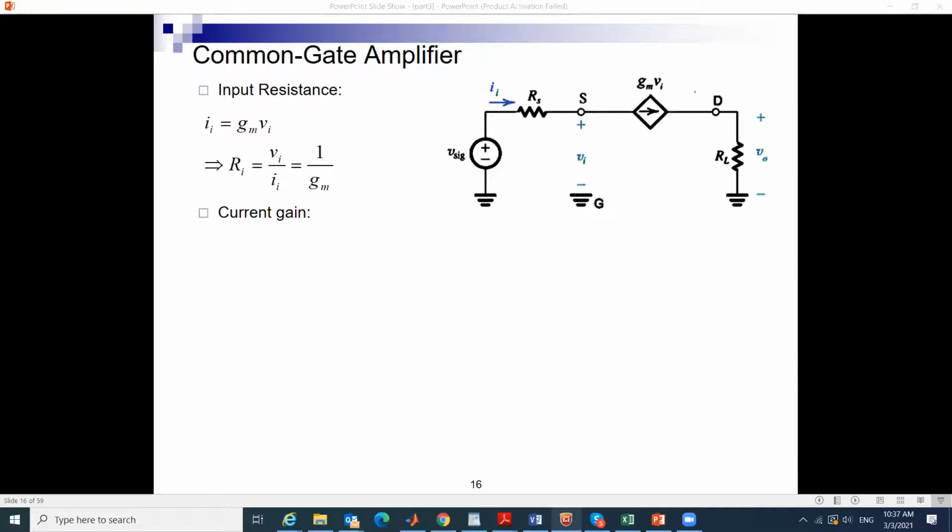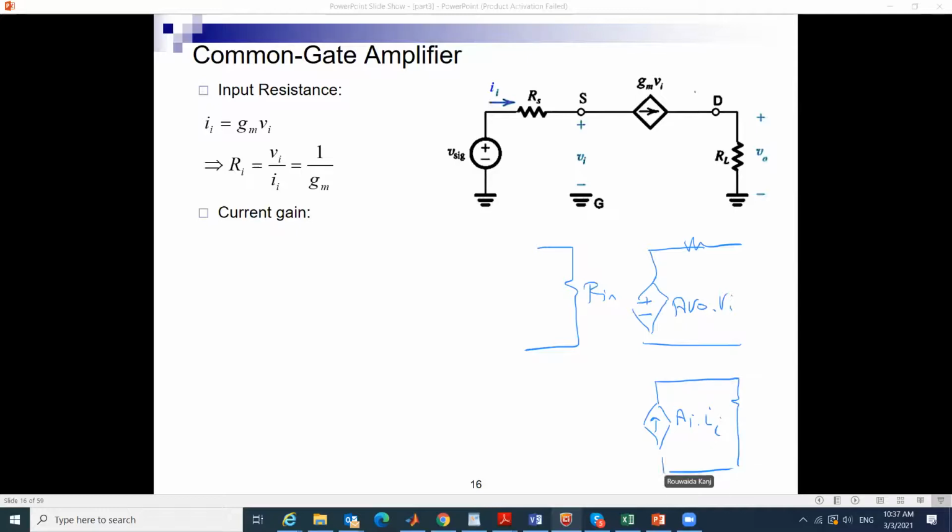Some amplifiers, we can model them as a voltage amplifier, with this Rn. I can also model it as a current amplifier, in parallel with RO, with a current source in parallel with its own Rn.